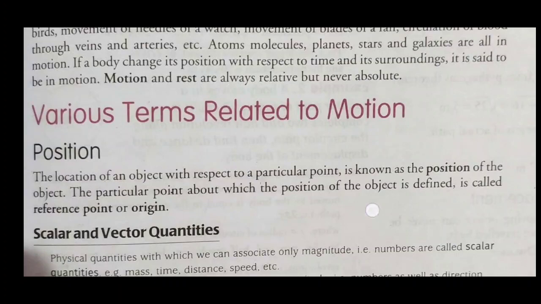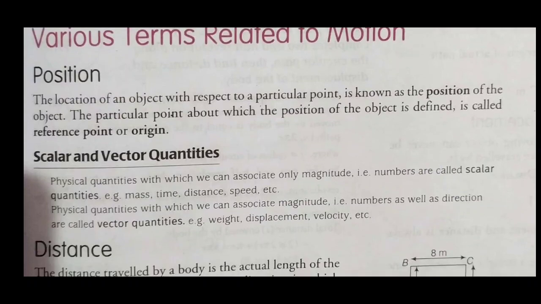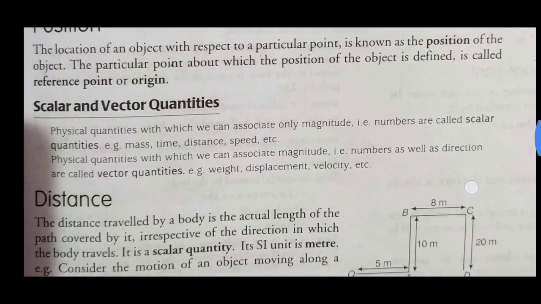Now there are two physical quantities with which you can describe a motion. The physical quantities are the scalar quantities and the vector quantities. Scalar quantities are physical quantities with which we can associate only magnitude. मतलब suppose when we are saying that it is 10 kilometers, it is 20 kilometers, ठीक है, तो उसमें सिर्फ हम एक absolute value ले रहे हैं.